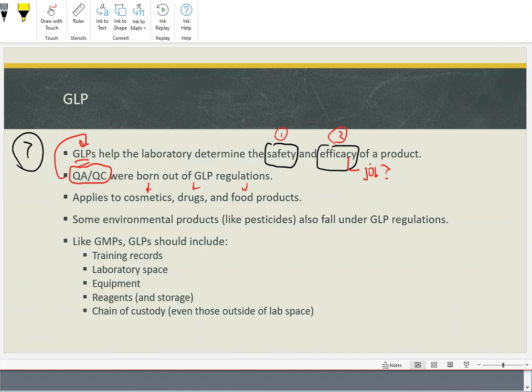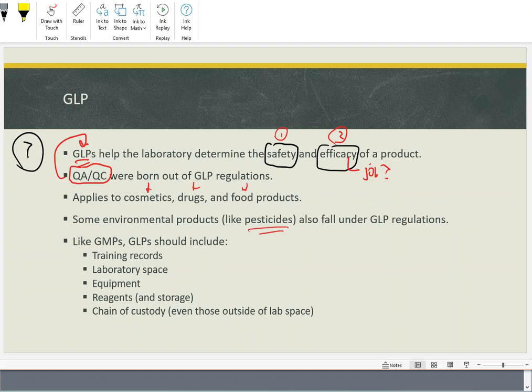And we'll talk a little bit more about that when we start giving, I'm talking about myself in plural, when I give you a little bit of timeline that begins to happen. Notice here, though, cosmetic, drugs, and food, that's really more in the area of the Food and Drug Administration, the FDA, but we do have other third-party regulators like the EPA and sometimes the FDA, depending on what the material is.